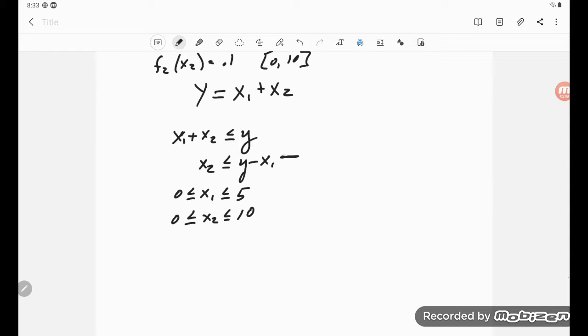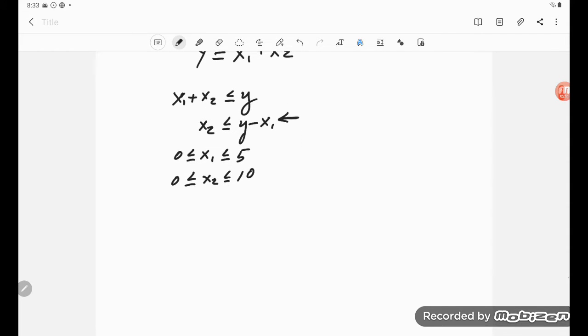So now I take the x2 and plug it in here, and that changes this to 0 is less than or equal to y minus x1 less than or equal to 10. And if I work with that, I can subtract y from both sides, so minus y less than or equal to minus x1 less than or equal to 10 minus y.